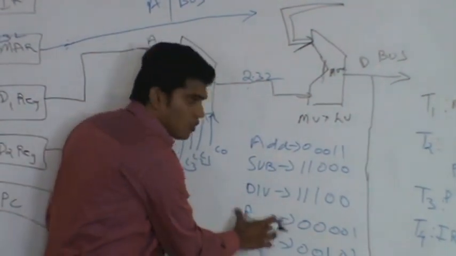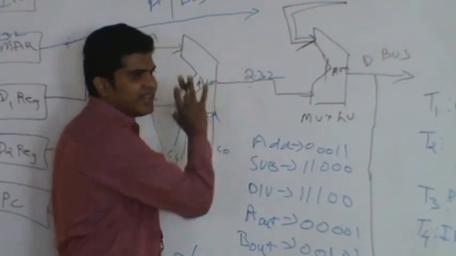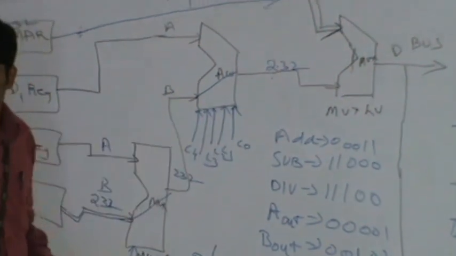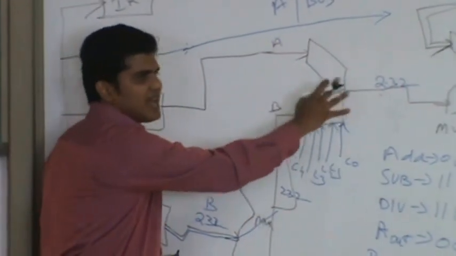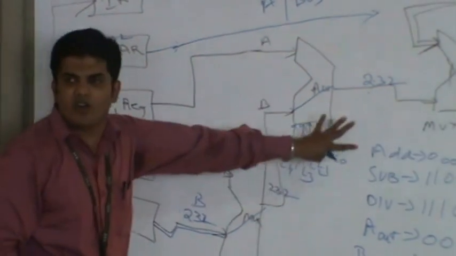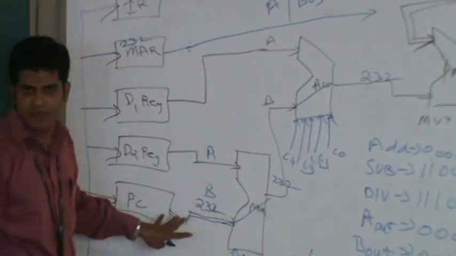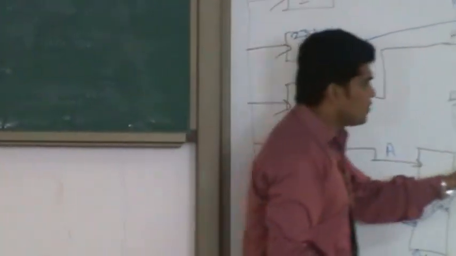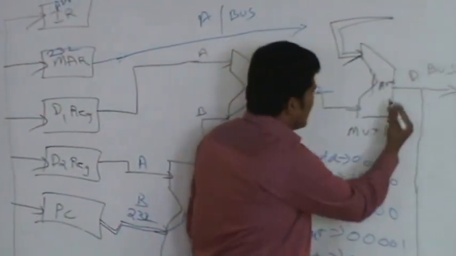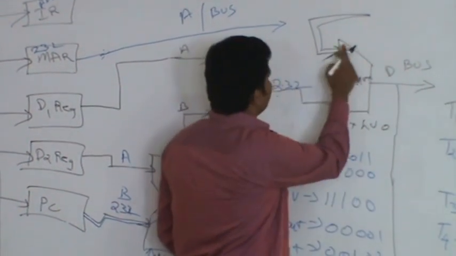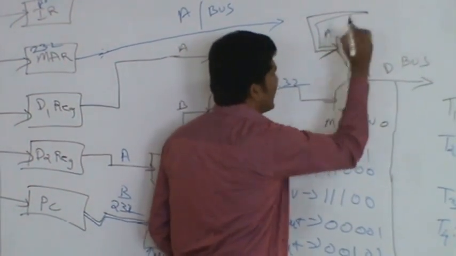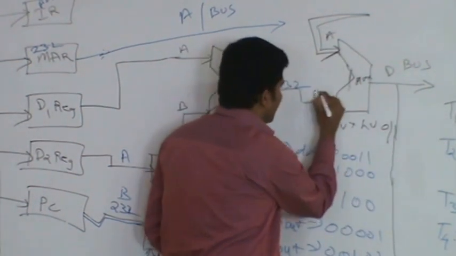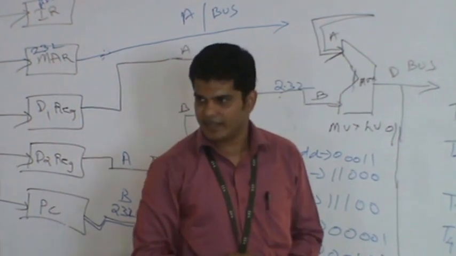You also have a code to transfer the data of A, or just transfer the data of B. So the ALU performs not only arithmetic and logical operations, it also performs the role of the multiplexer, transferring. Now you have MUX LU. If 0 is selected, the data from A is selected. If it is 1, the data from the B line is selected.